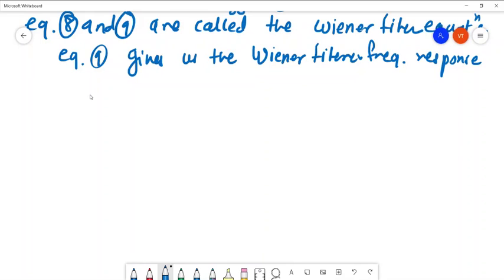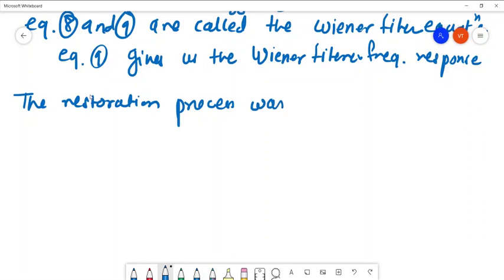The restoration process was explained in equation 5. What was equation 5?